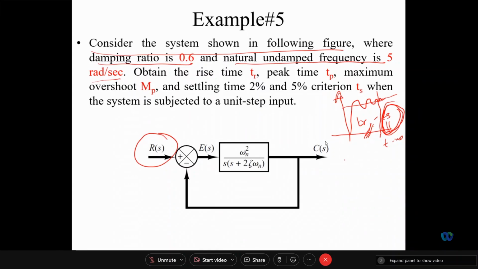What is given? Zeta is given. What is given? Omega n is given, correct? If you want to find out tr, what do you do?